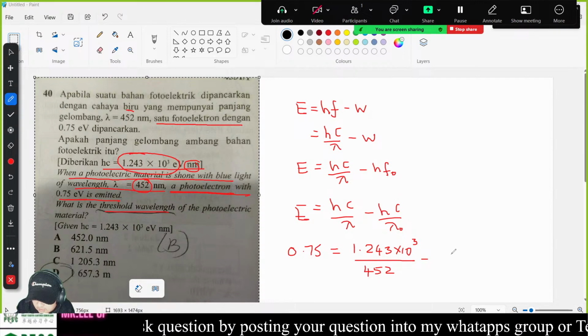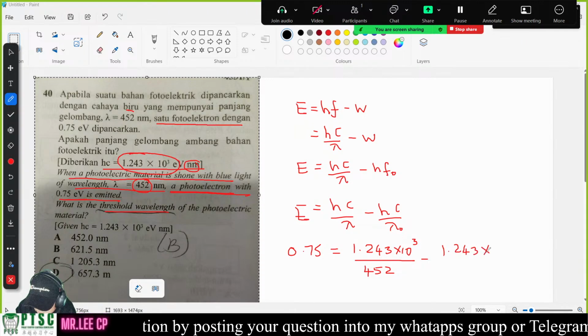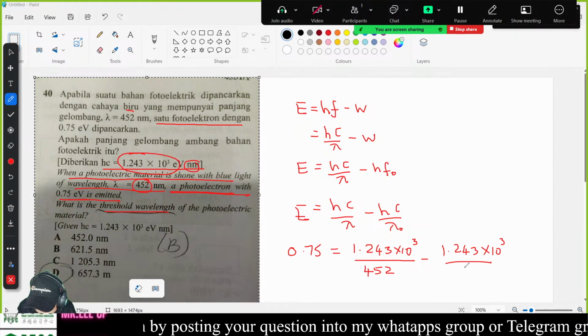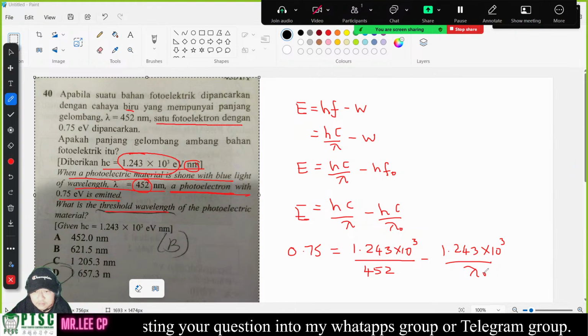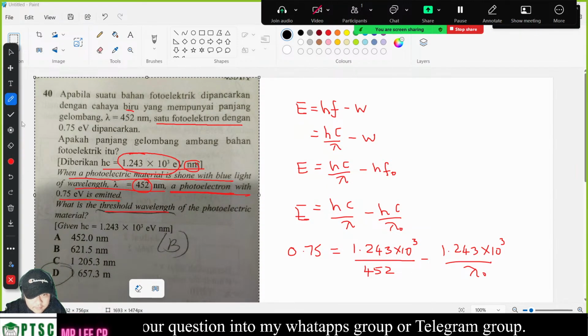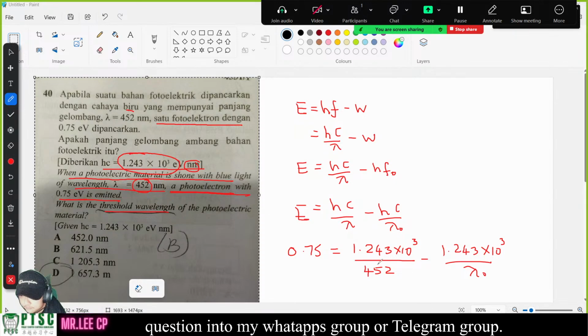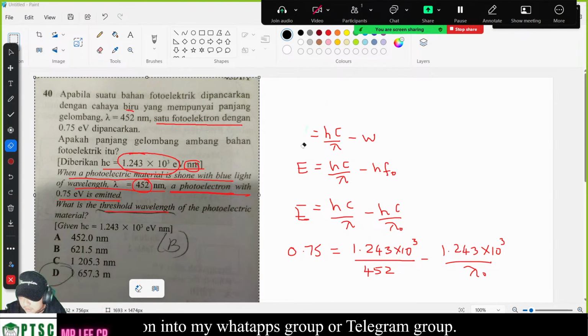Minus hc, 1.243 times 10 to the 3, over lambda naught. I write it off first, if not I don't have enough space.